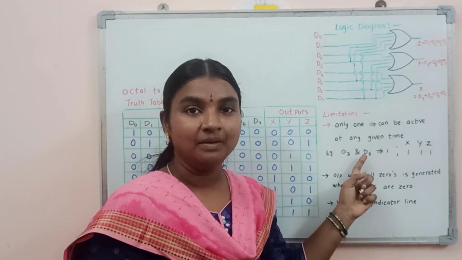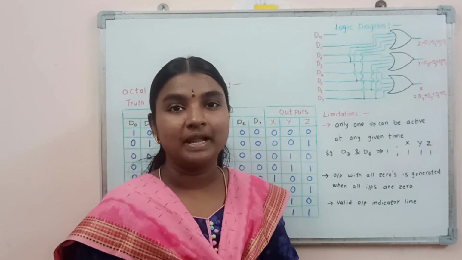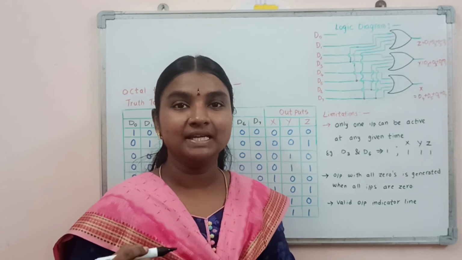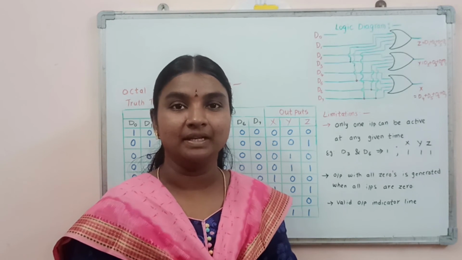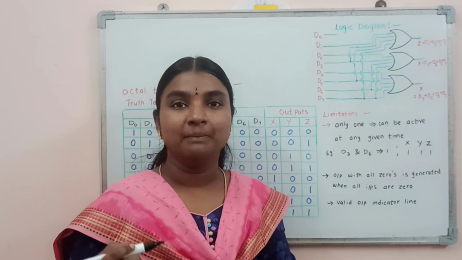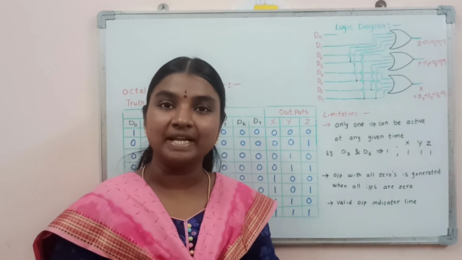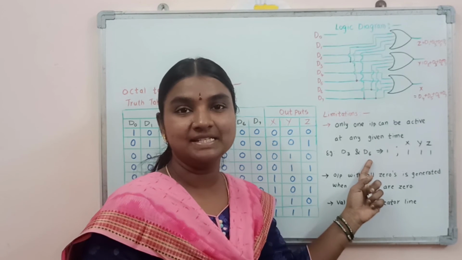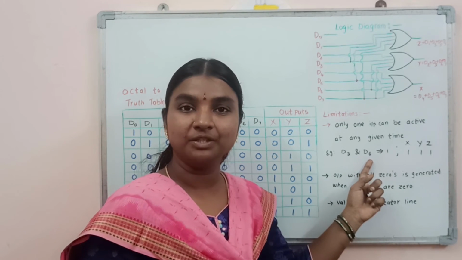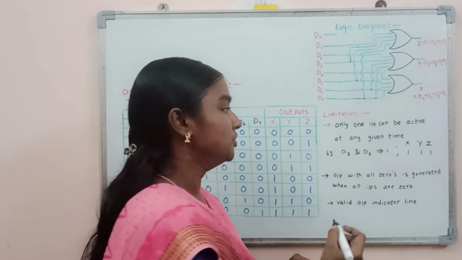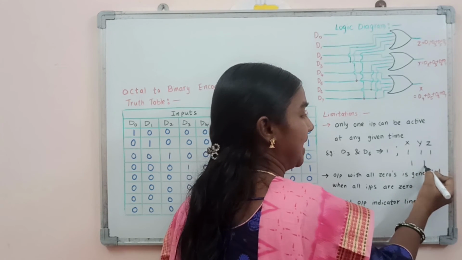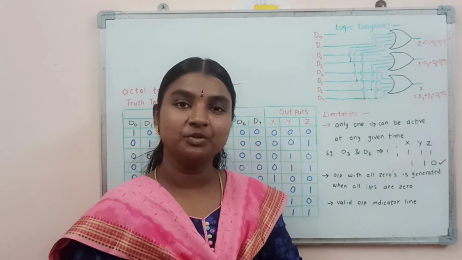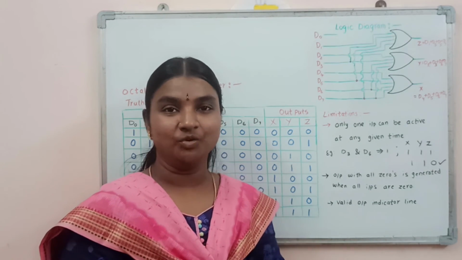When two or more input lines are equal to 1, the binary code of the higher subscript input line is generated at the output side. So here D6 is the higher subscript number, and its respective binary code, 1, 1, 0, is generated at the output side.